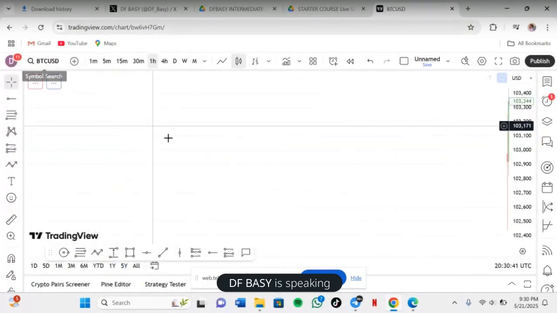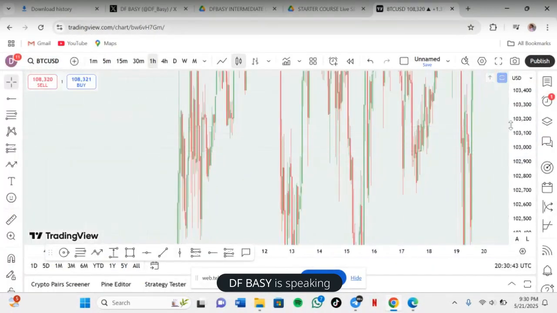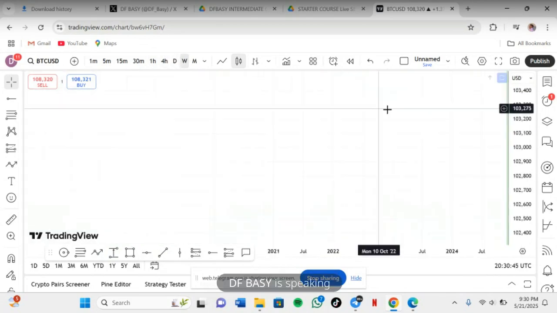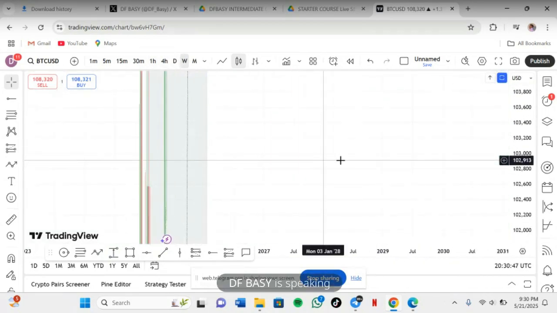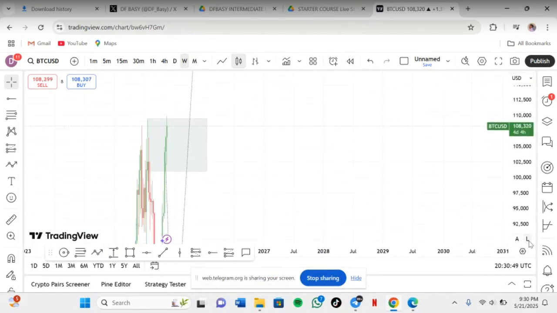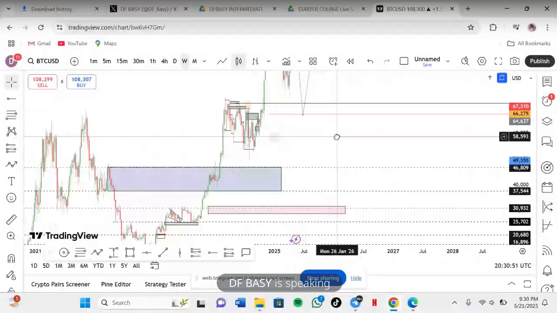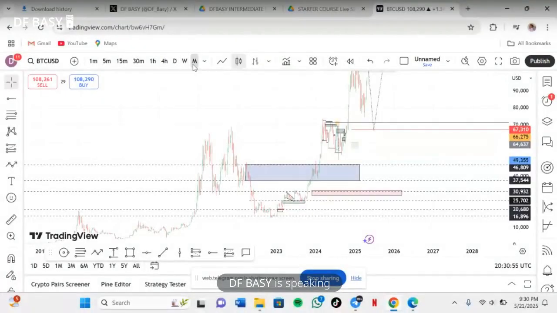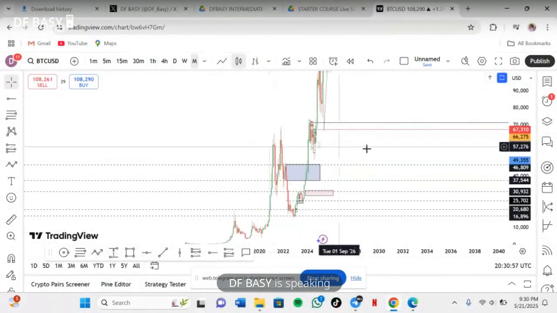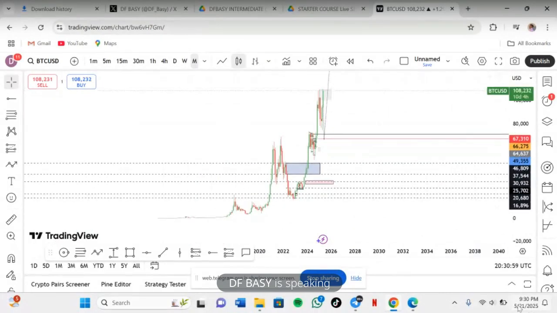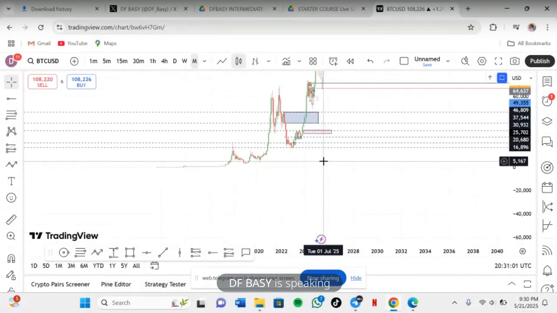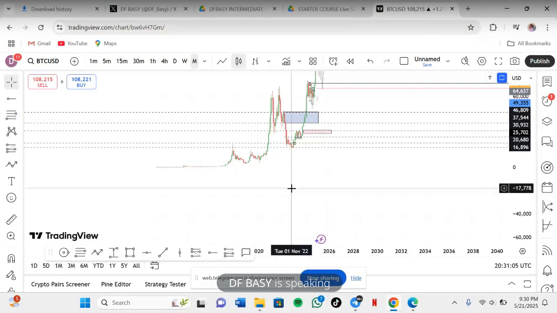A typical example of a bearish market is Bitcoin. Let me load the Bitcoin chart. All right, the Bitcoin chart is very clear on the bulls and the bears. Since its launch, Bitcoin has been bullish all time on the monthly, and bearish in some ways.